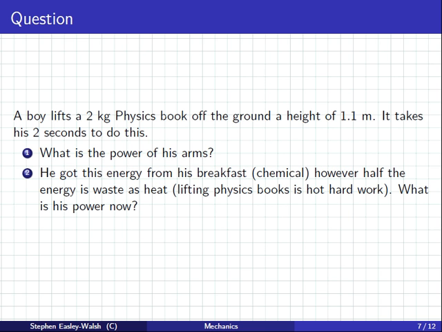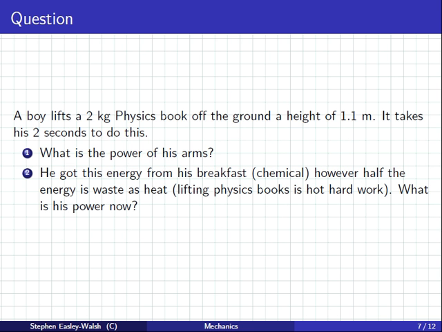Now this makes sense if you think about it. Will his arms need to be more or less powerful if he is less efficient? His arms will need to be more powerful. Or think about it like this. Suppose that heater is heating up the room. It has a power. Let's say it's 1,000 watts. Now, suppose something happens to the boiler.